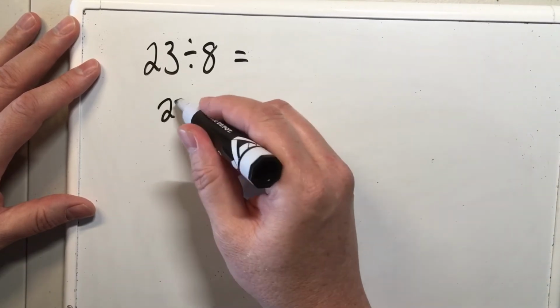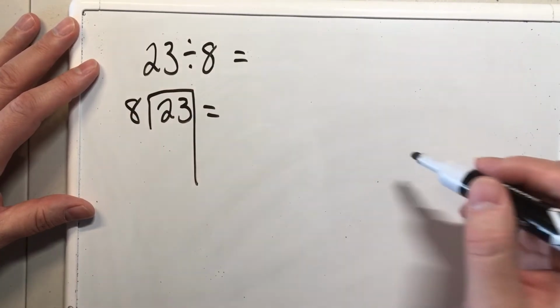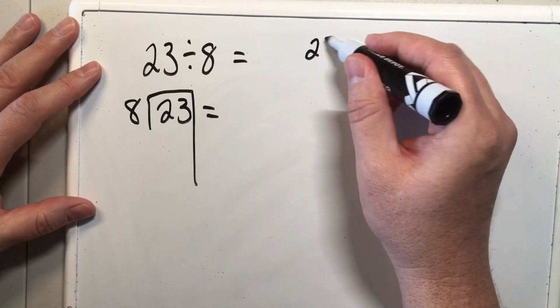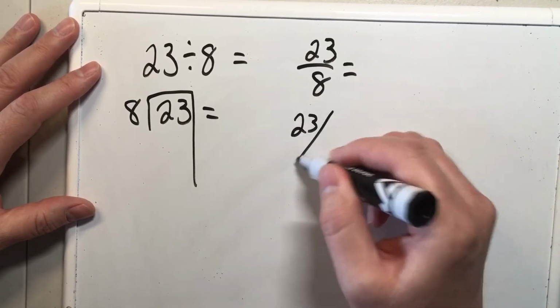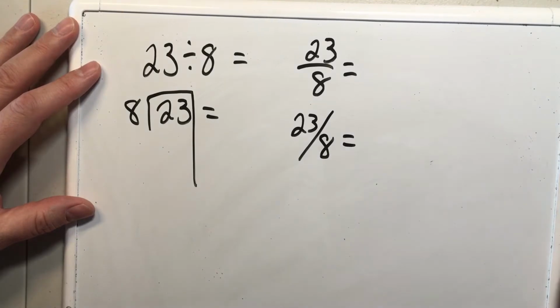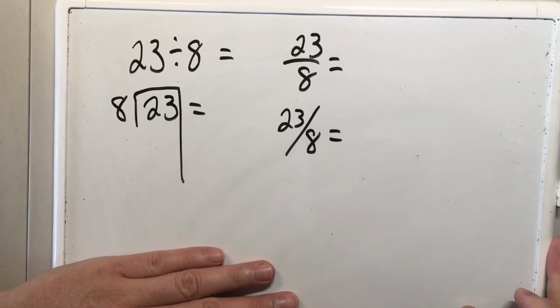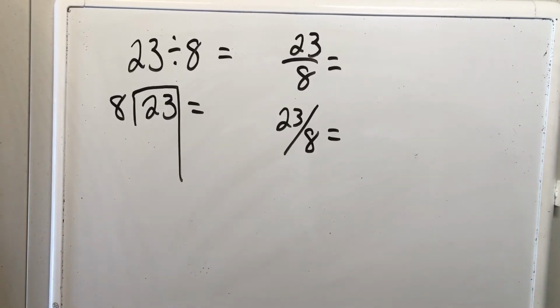It can look like this, 23 divided by 8 equals. You can express it as a fraction, 23 divided by 8 equals. Some people like to write it like this. These are all different expressions to try to figure out the same answer. The most important thing that we know is what the numbers are, and what they mean in relation to the problem.